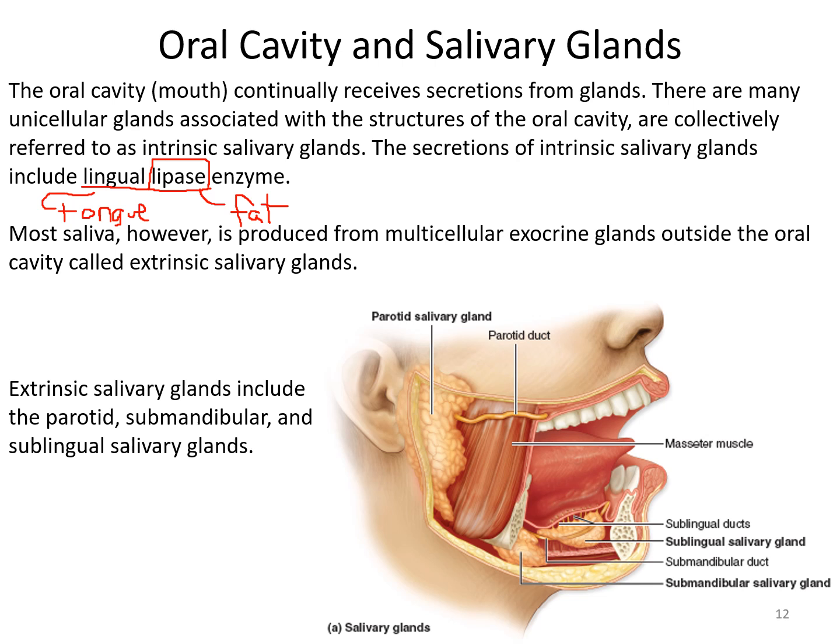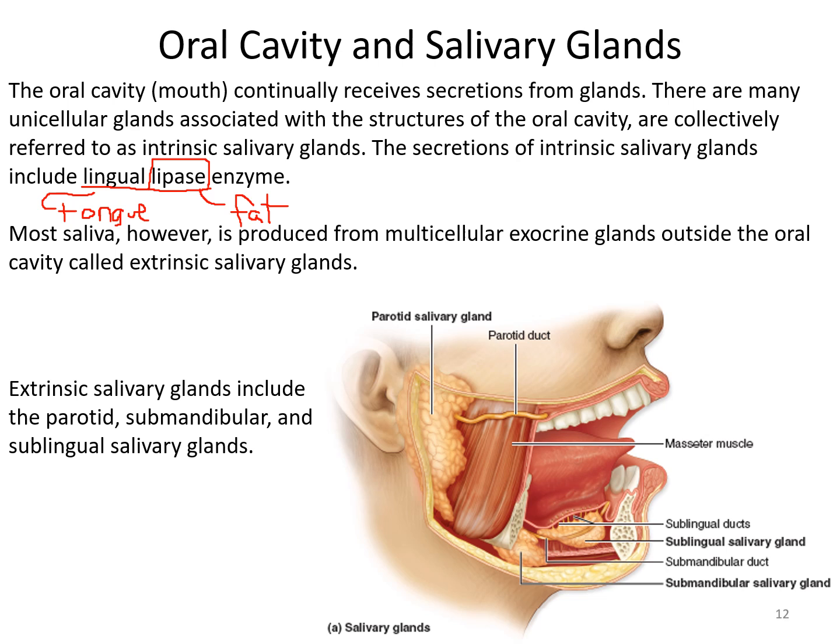So you can then tell me that lingual lipase is the enzyme that comes from the oral cavity that digests fat. I'm telling you that now because we're going to talk about a handful of different enzymes. And if you understand the terminology of their name, it will help you remember where they're from and where they act. Okay, so lingual lipase was part of the intrinsic salivary gland secretion.